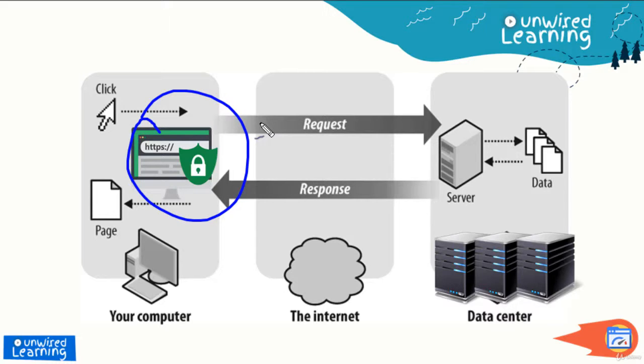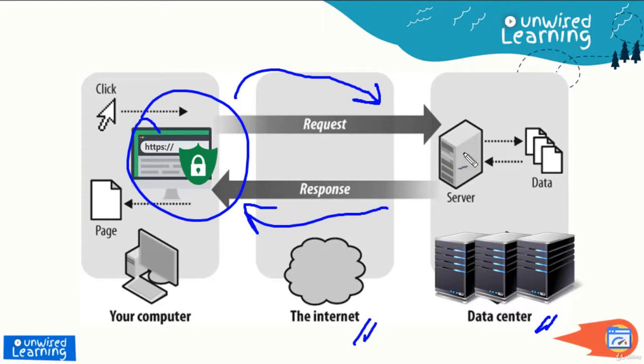Everything happens in 3 sections: you as a computer, your request and response, that is the internet, and the third one is the data center, that is your server, where your website data is. You send a request, your server takes time to respond, and then it sends a response.